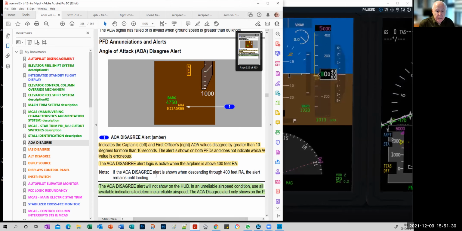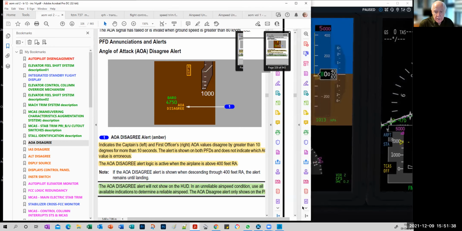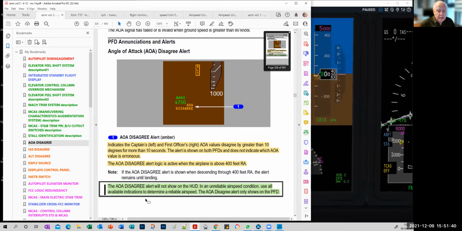Now, if the AOA disagree alert is shown when descending through 400 feet RA, the alert remains till landing. The AOA disagree alert will not show on the HUD. That's something to remember. In an unreliable airspeed condition, use all available indications to determine a reliable airspeed.